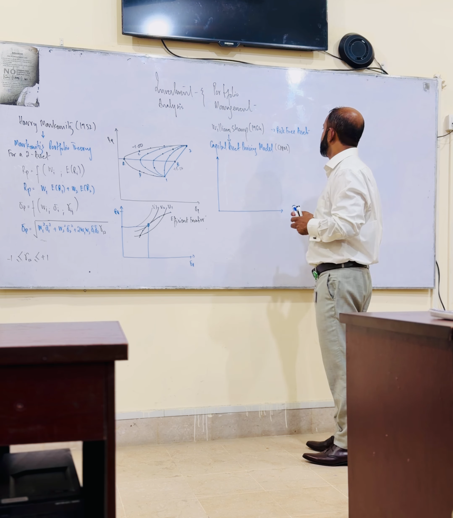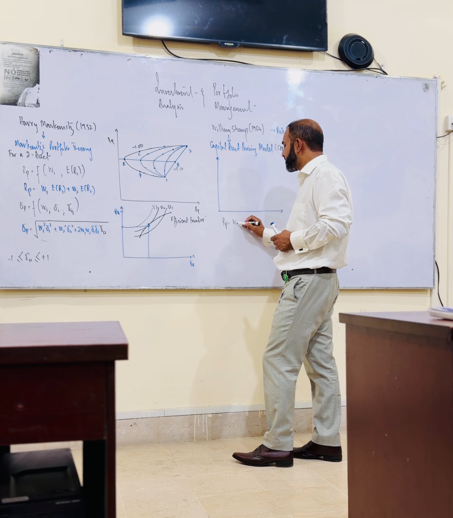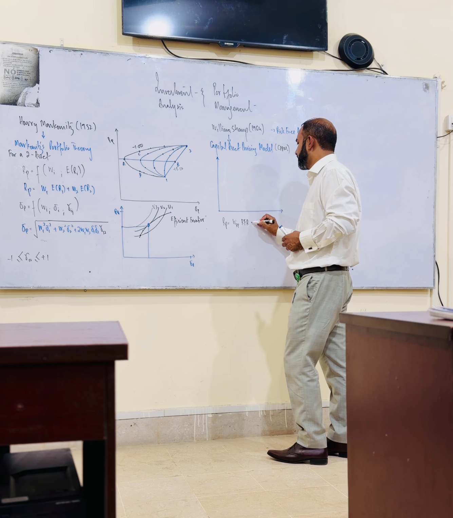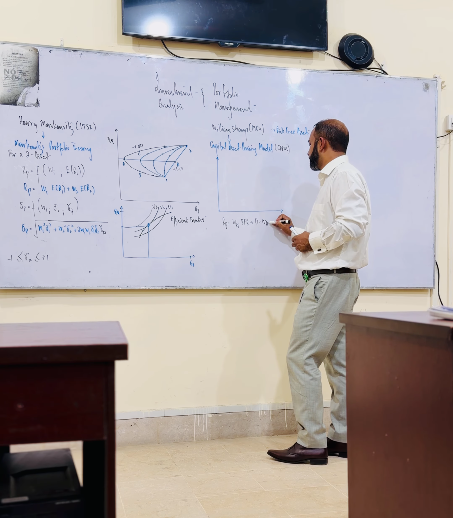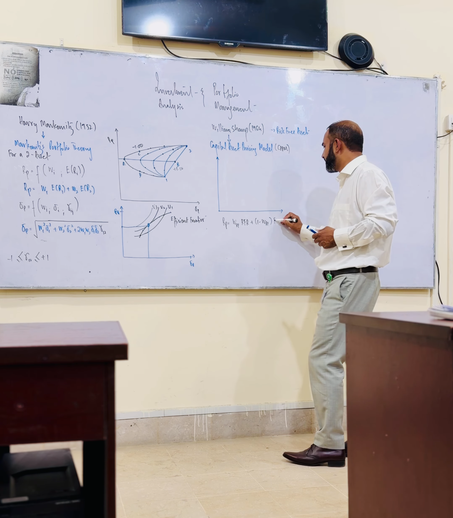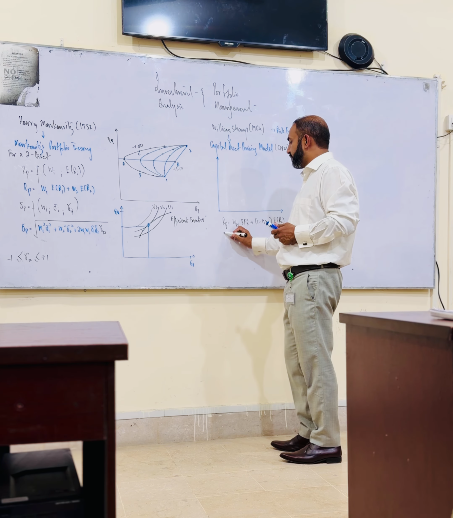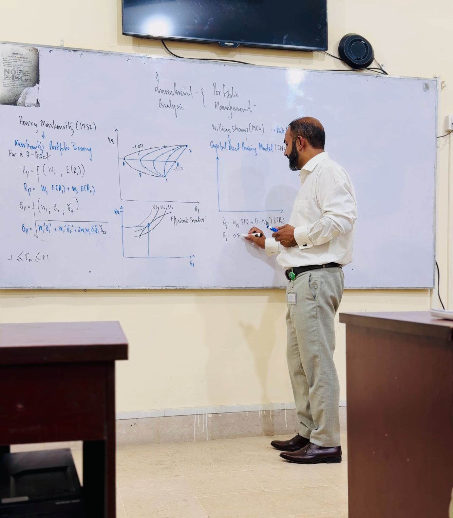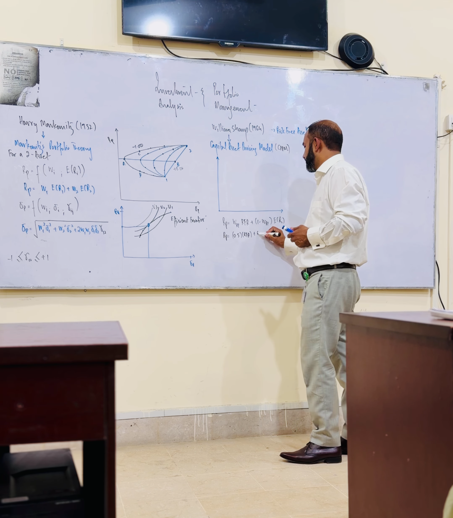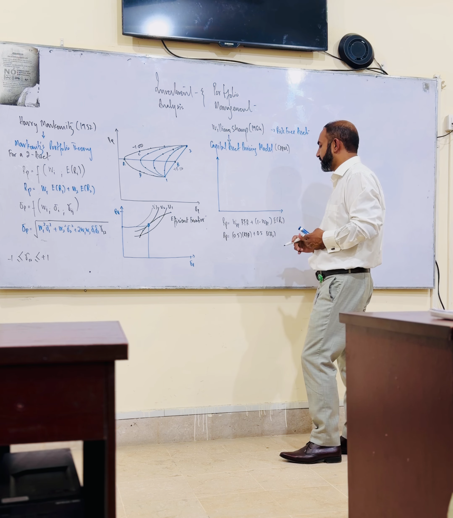By doing this, the return of the portfolio was weight of the risk-free asset into the risk-free return plus 1 minus the weight of the risk-free asset, because all of the rest is being invested in the risky investments, into the risky asset's return. Now, if you invest 50% of your investment in the risky asset, so your return would be 50% of RFR plus 50% of the risky asset's return.